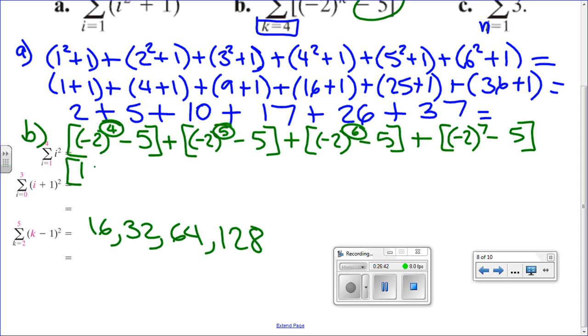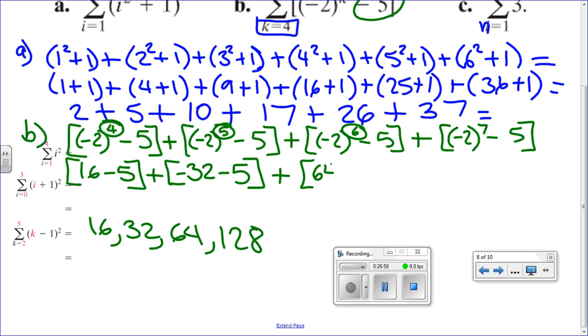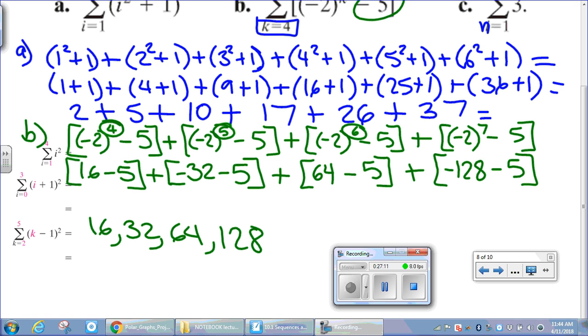Those are the numbers I'm going to use, however, I'm going to have alternating signs. So 16 minus 5, negative 32 minus 5, and then positive 64 minus 5, and then negative 128 minus 5. Go ahead and do what's inside the parentheses, please.